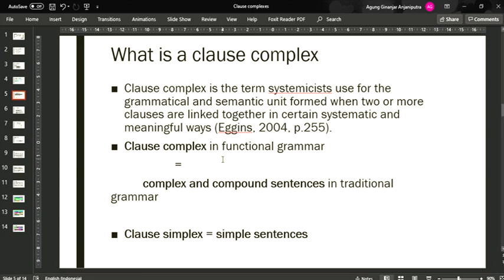In traditional grammar, we call it complex and compound sentences, but in functional grammar, in GMD, we call it clause complex. In this course, we call it clause complex. And simple sentences refers to clause in this course.